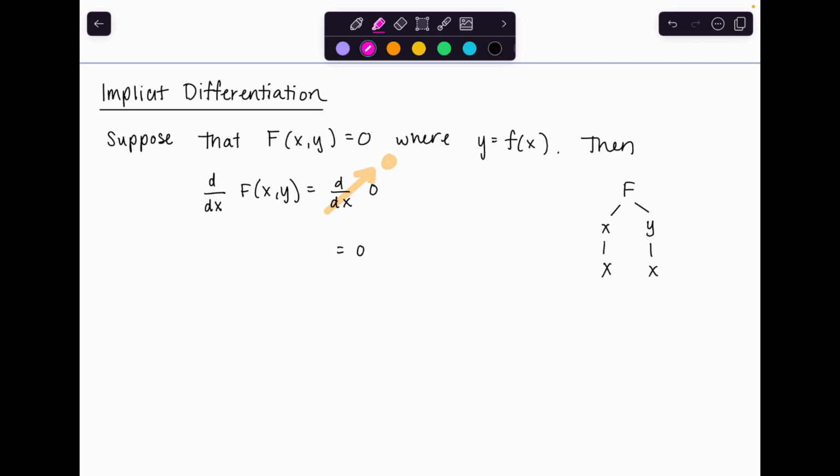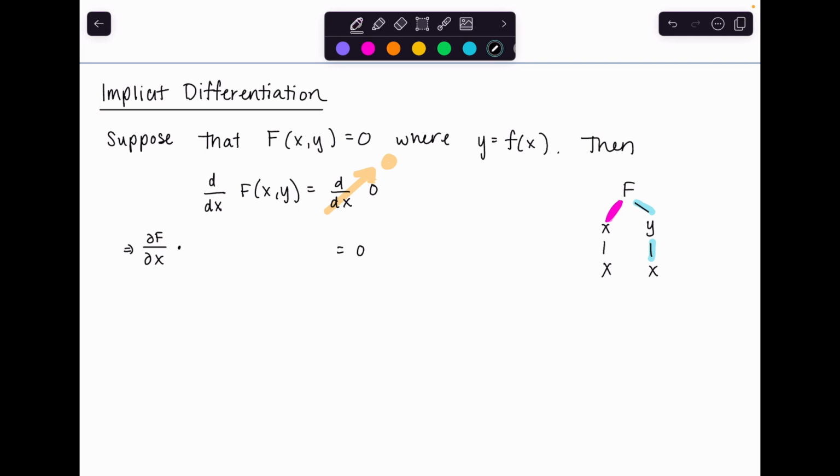And then on the left-hand side, we have two cases. We first go through x and then down to x again. But again, this branch doesn't do anything. And then our second case is we go through y and then y to x. So the first thing we do is we take the partial of f with respect to x. So that's this first branch right here.